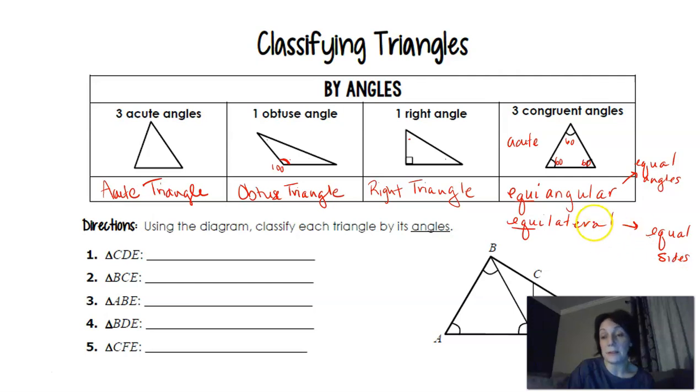If we're talking about the angles of this triangle, we would call it equiangular. If we talk about the sides of it, then we're going to call it equilateral. They mean the same thing. It's the same triangle. Math likes to make things harder than they have to be.